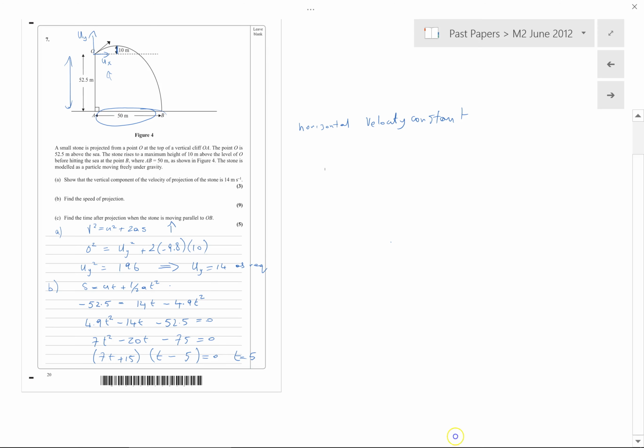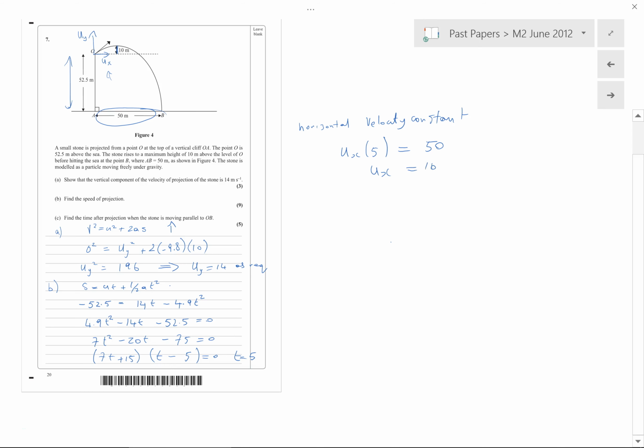So we've got ux, the horizontal, times 5 equals 50. So ux equals 10.